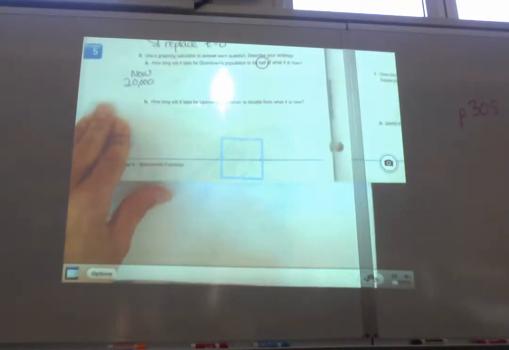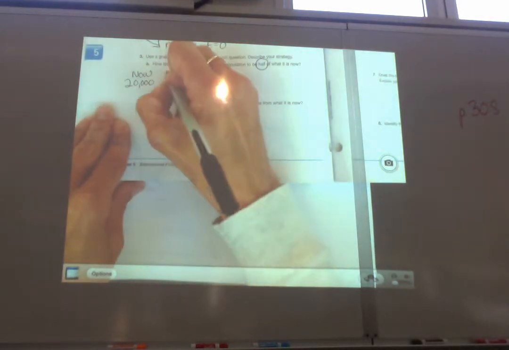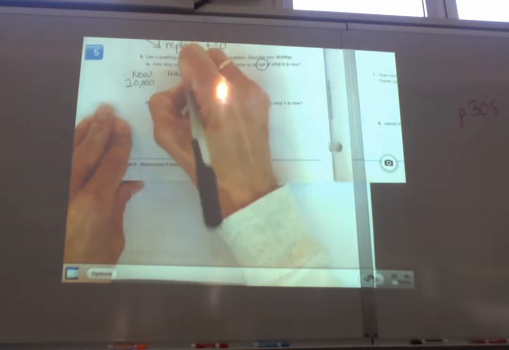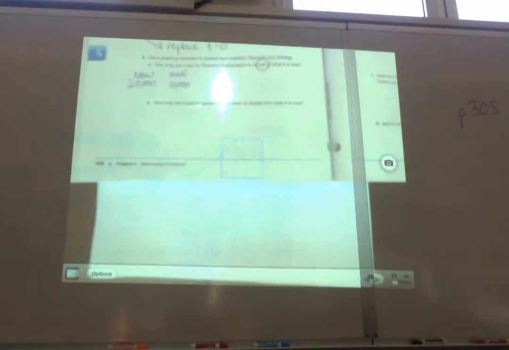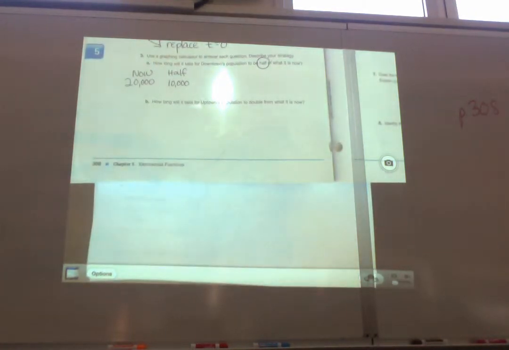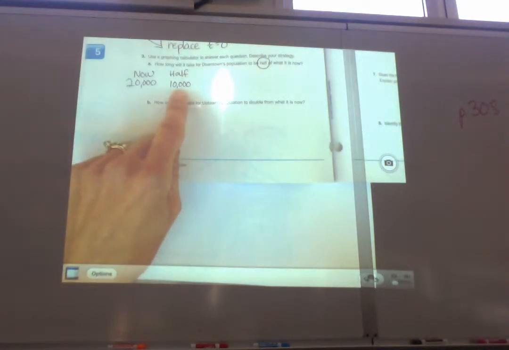What's half of that? 10,000. Half will be 10,000. So what are kinds of things we can do on our calculator to find the years where it turns into 10,000?